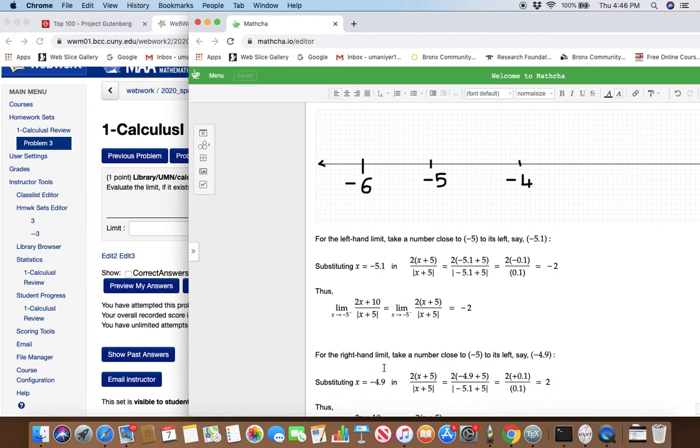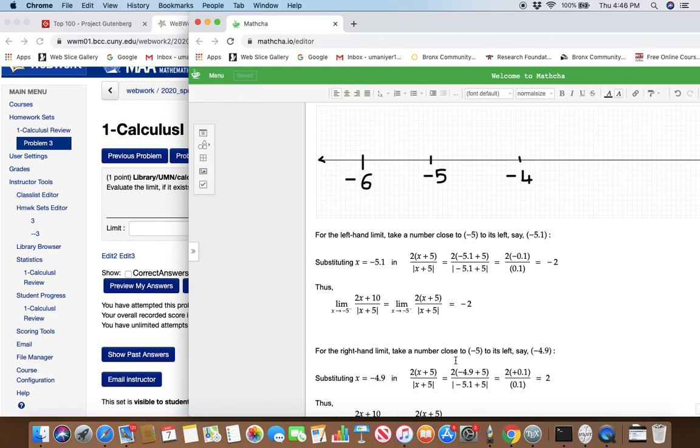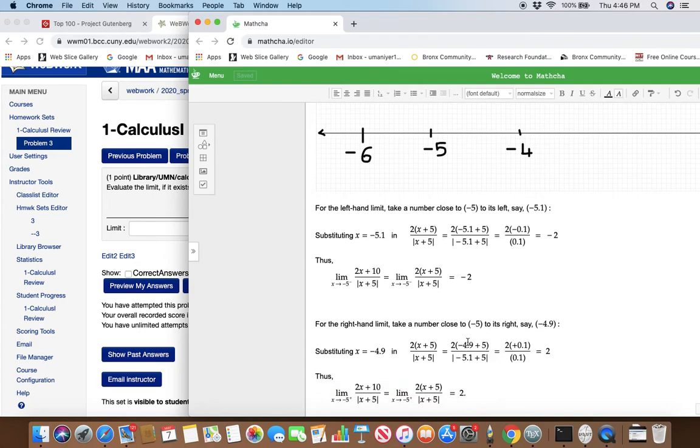Now, let's consider the right hand limit. Take a number close to -5 to its right. How does a number close to -5 on the right look like? It looks like -4.9. Okay, so plugging it in, I get on the top a positive 0.1 and on the bottom, oh, it should be -4.9, I also get a positive.